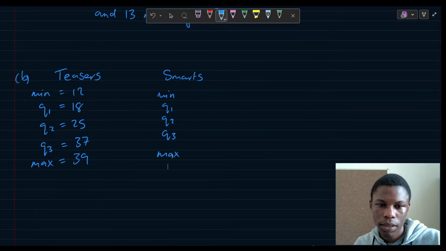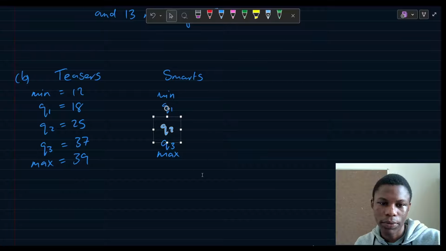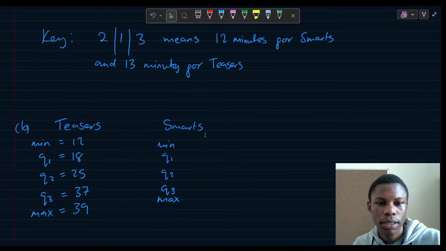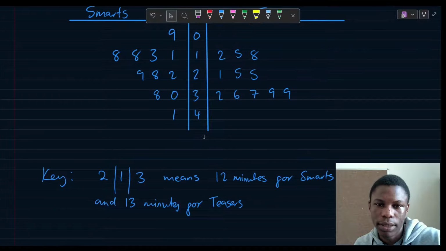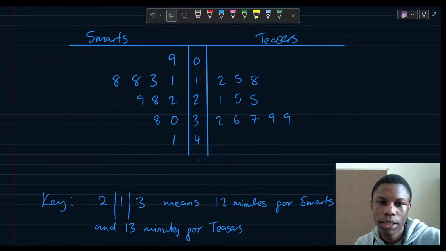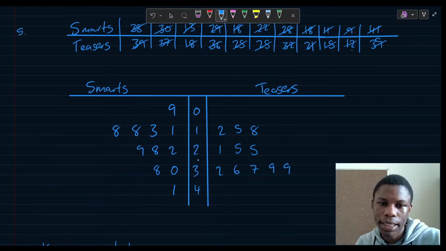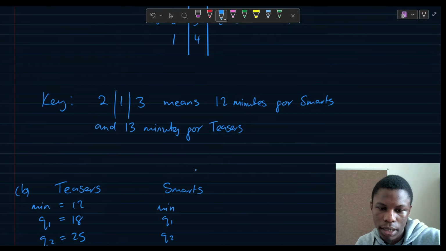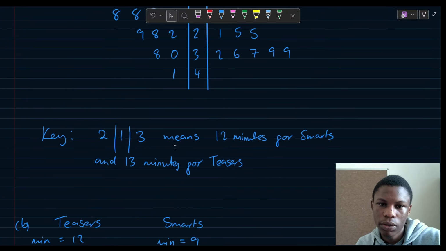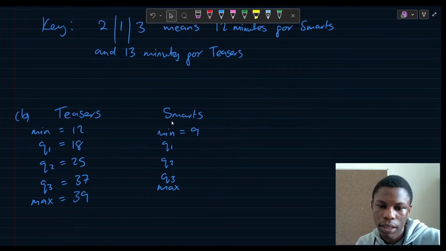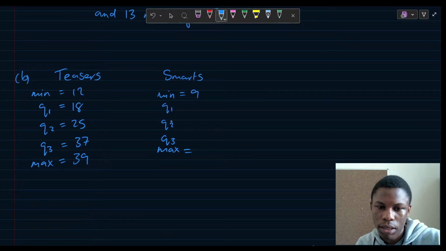Let's start by finding the minimum and the maximum, because those are easier to get. The minimum value is the 9 here, and the maximum value is the 41. Then we need Q1, Q2, and Q3.